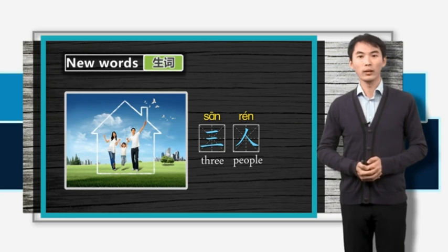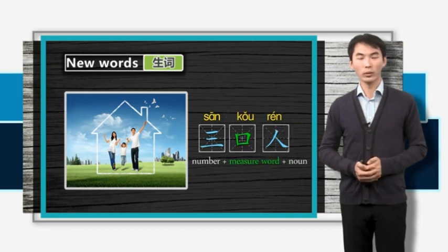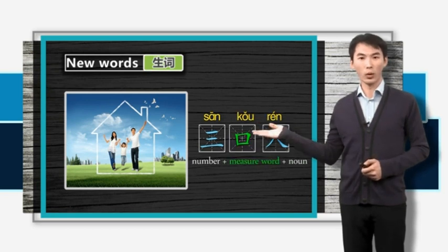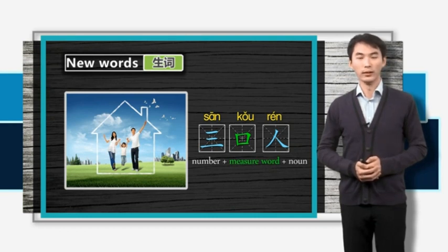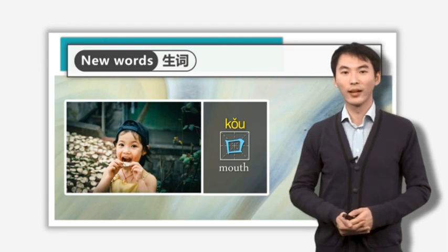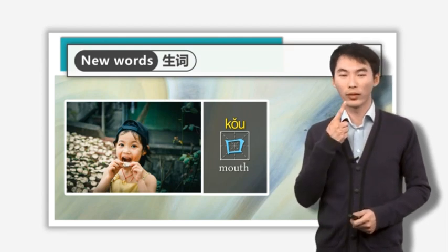So, when 人 refers to family members, the measure word is 口。跟我读口。口。So, 3 family members is 三口人。三口人。The original meaning of 口 is the mouth.